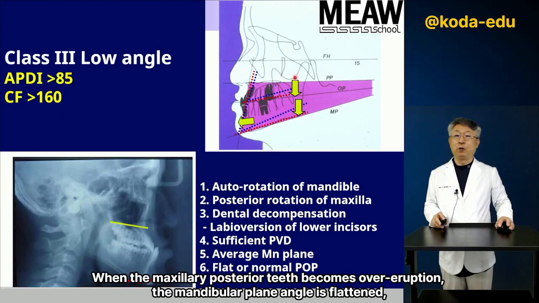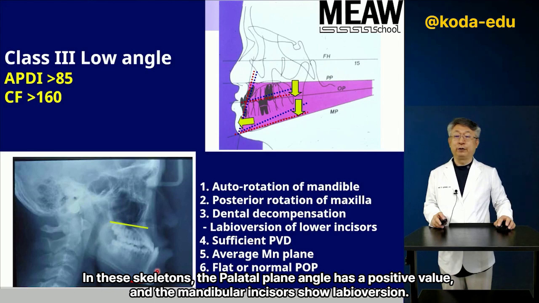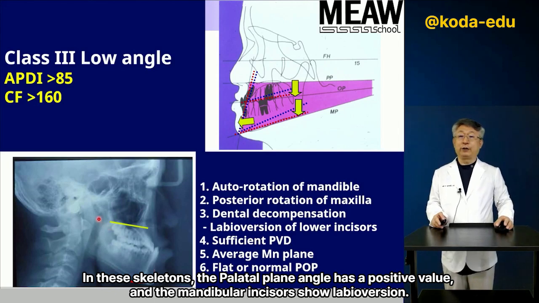When the maxillary posterior teeth become over-erupted, the mandibular plane angle is flattened, and the mandible is positioned forward. In these skeletons, the palatal plane angle has a positive value, and the mandibular incisors show labioversion.